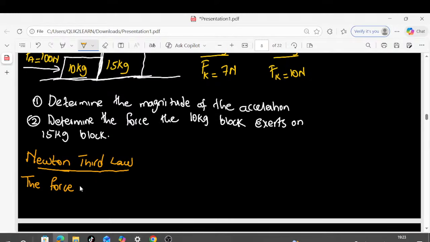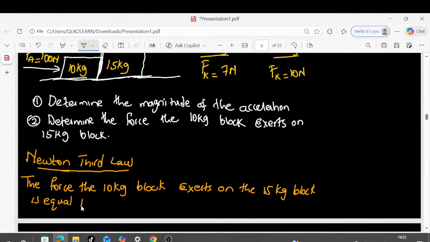the 10 kg block exerts on the 15 kg block is equal to the magnitude of the force the 15 kg block exerts on the 10 kg block.